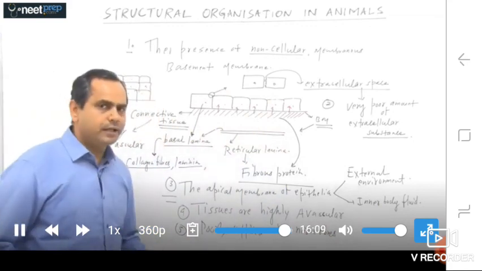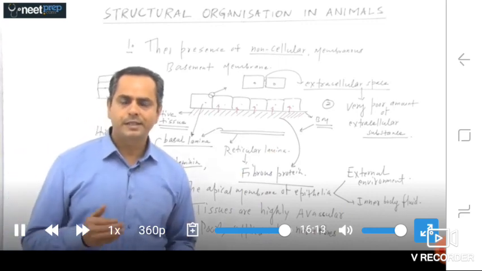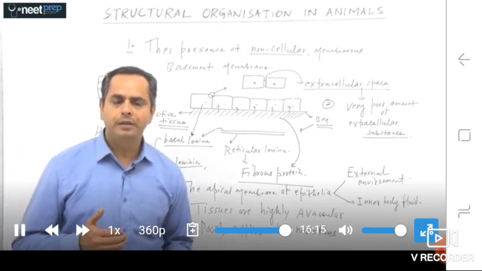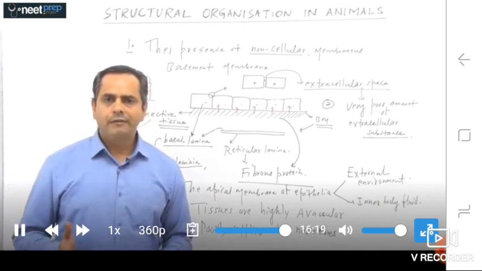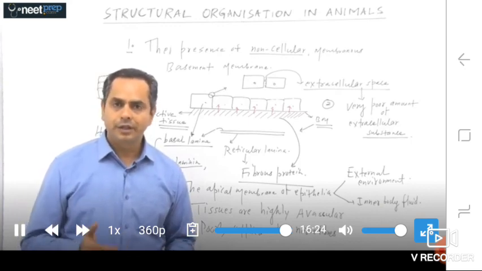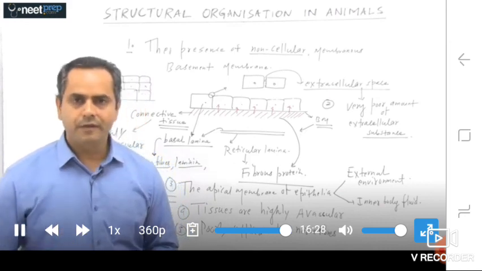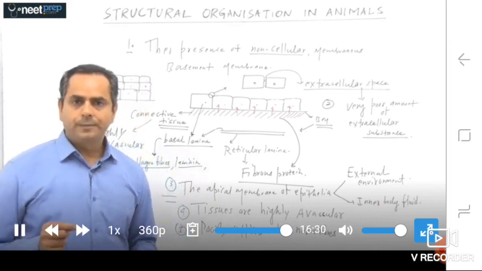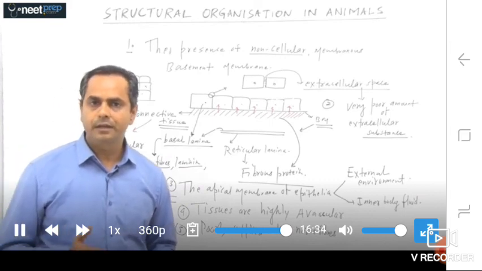So these are the basic properties associated with both simple and compound epithelia. Now we will see the types of simple epithelia, their location and their function. So let's start with the type, location and function of simple epithelia.